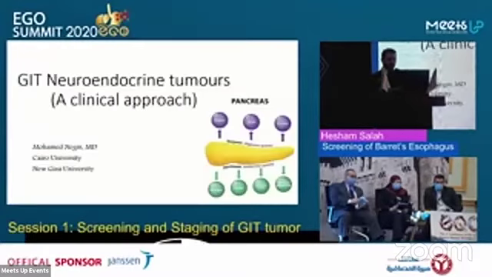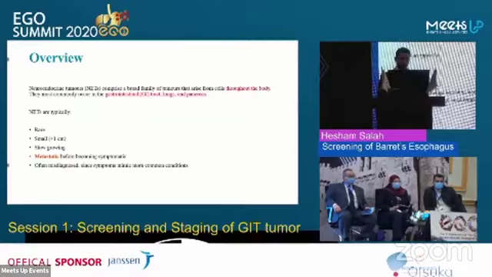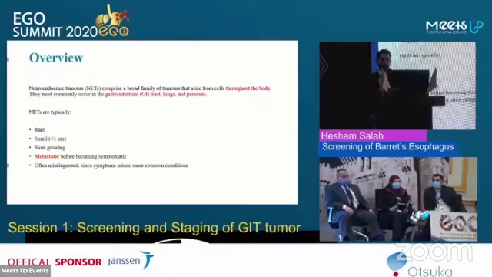Neuroendocrine tumors are a set of tumors that are found all over the body. Most are found in the gastrointestinal tract. All share some criteria. Most are small, less than 1 centimeter.